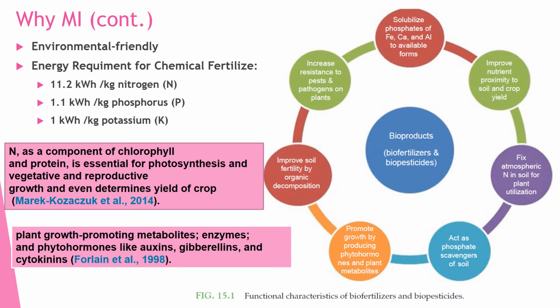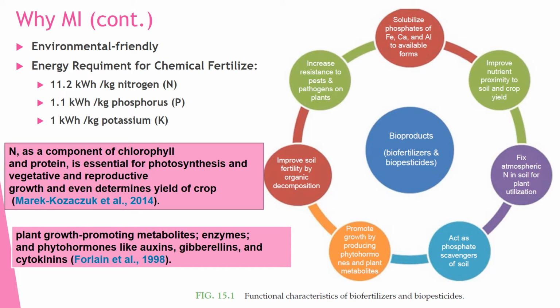Nitrogen is mainly a common compound to synthesize chlorophyll to enable photosynthesis to happen. So this is universal, needed for all the vegetation and the production of leaf and the overall growth of the plant, and to determine the yield of the crop.